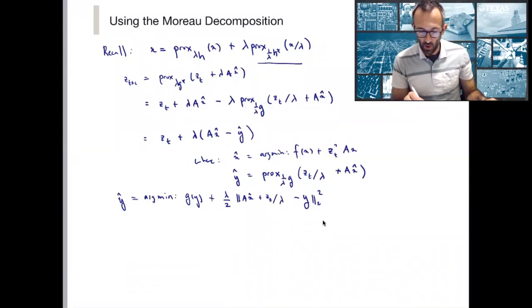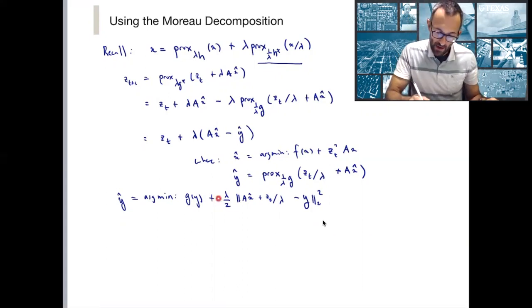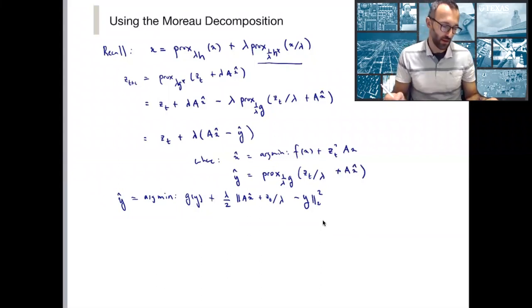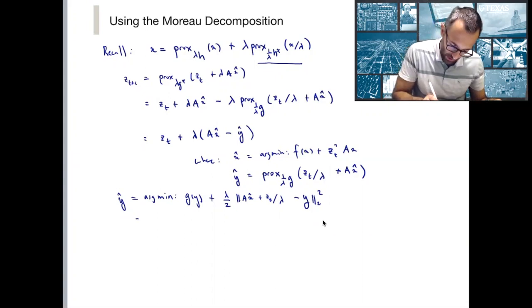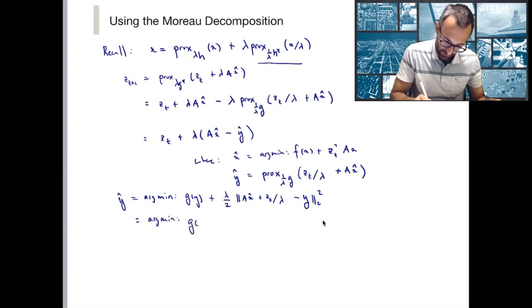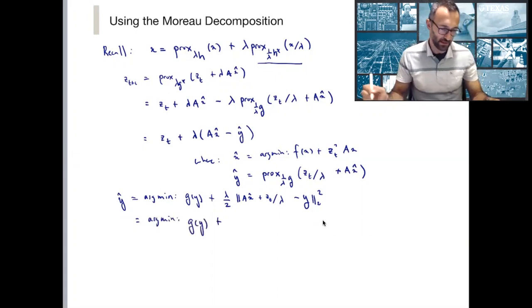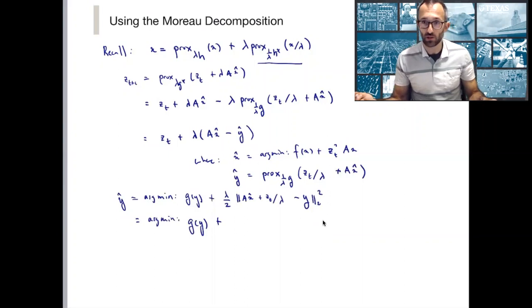Note that, why do I have this lambda on top? Usually I have 1 over twice the step size, but indeed the step is just 1 over lambda. So that comes in the numerator, and that's why I have this lambda term there. I can write this as an augmented Lagrangian term.